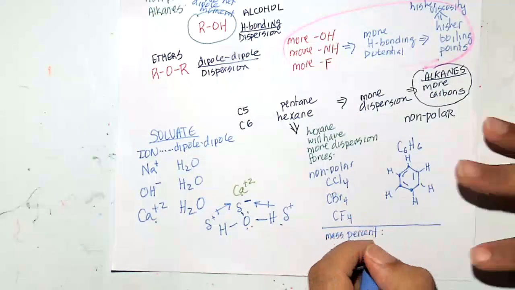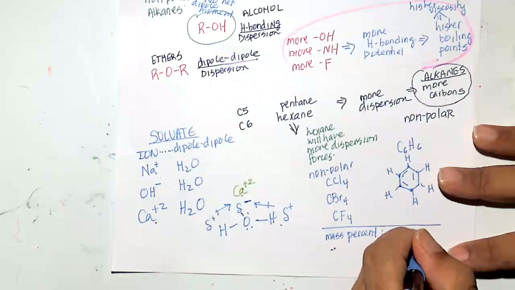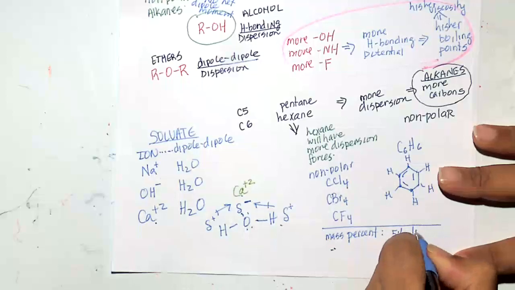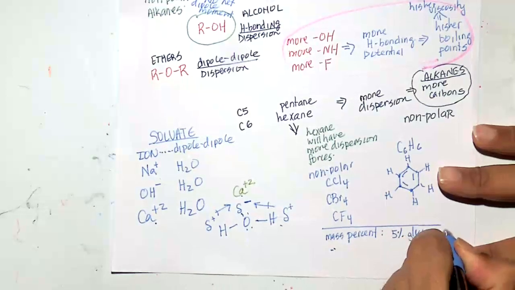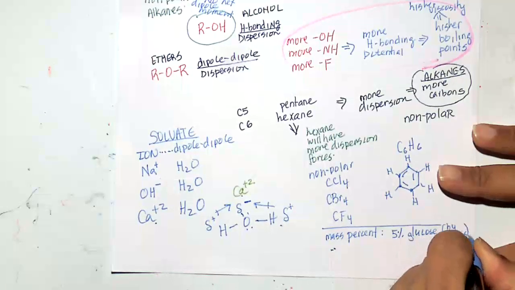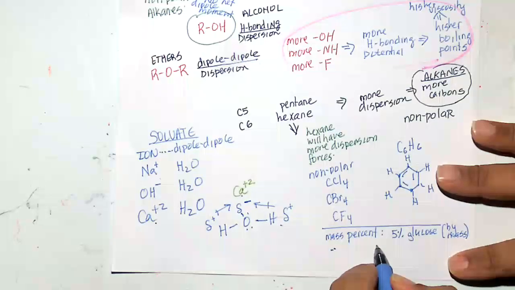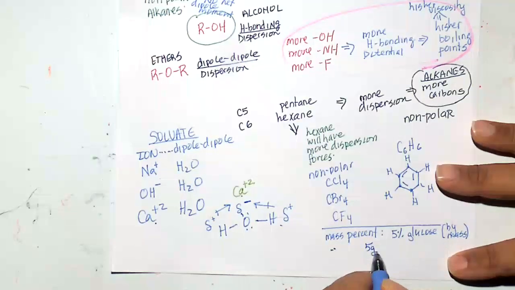So let's say, and then we talked about this, what if I have 5% mass percent glucose, by mass? Okay, what does that mean? Mass percent means, what's our solute? Glucose.